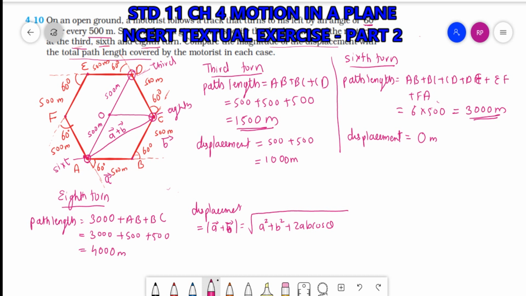If A plus B is the resultant vector of A and B, then the magnitude of A plus B will be equal to under root of A square plus B square plus 2AB cos theta, where theta is the angle between A and B. So if I extend vector A and take this as B, then the angle between them is 60. So this will be equal to magnitude of A. What is the magnitude of A? 500. So 500 square.